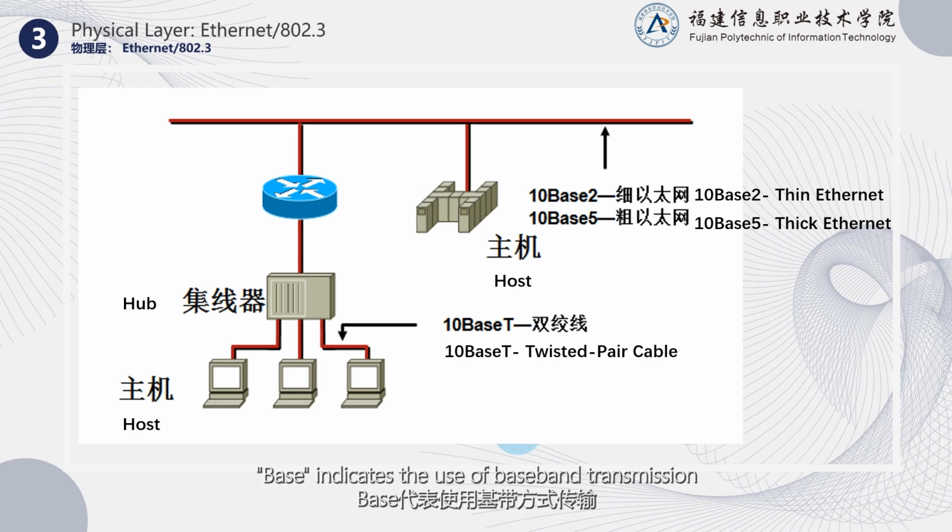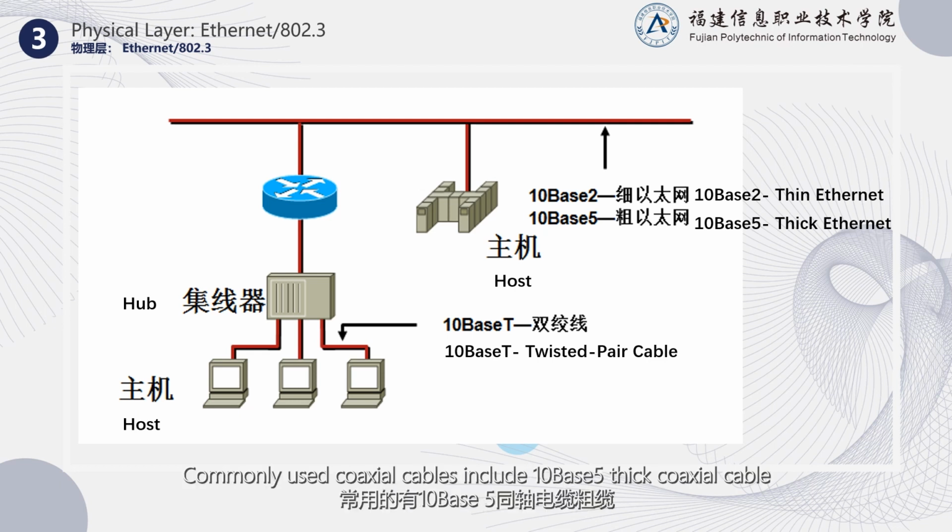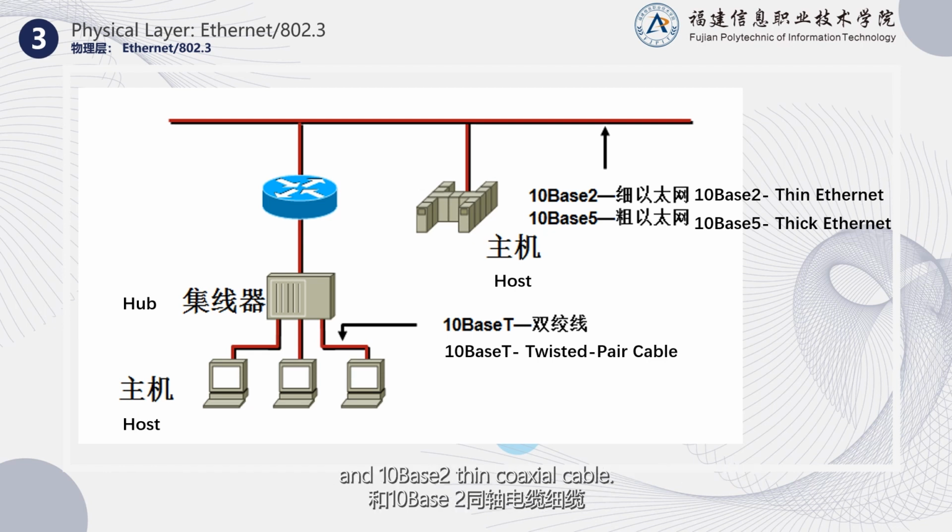Base indicates the use of baseband transmission, and T represents twisted pair cable. At the top of the diagram, we have what is called a bus network segment, where data can be transmitted using coaxial cables. Commonly used coaxial cables include 10BASE-5 thick coaxial cable and 10BASE-2 thin coaxial cable.